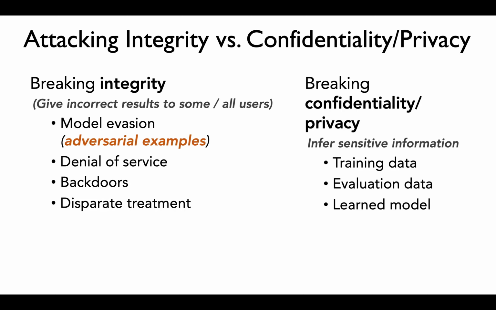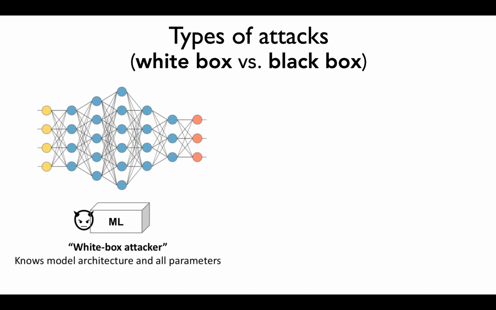So if an attacker wants to recover this, this would be an attack on the confidentiality or the privacy. We can also differentiate attacks according to how much knowledge they have of the ML model. So in a white box attacker, the machine learning model is like a white box that you can see through.